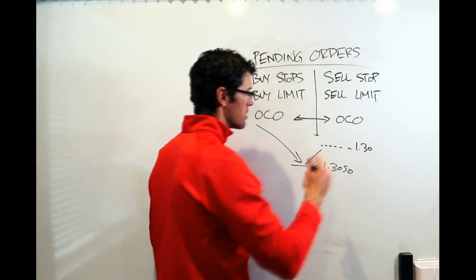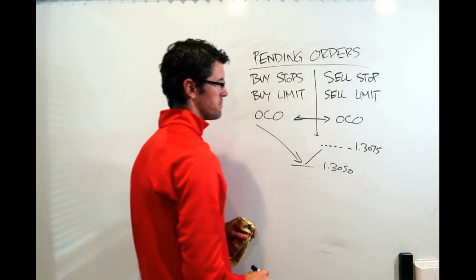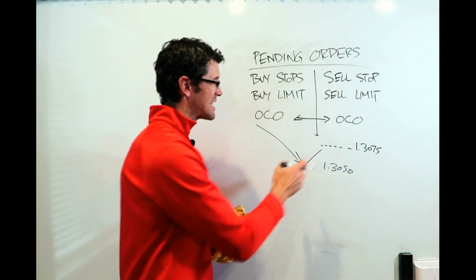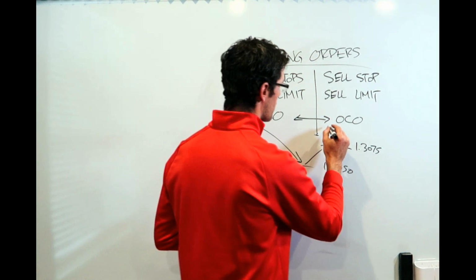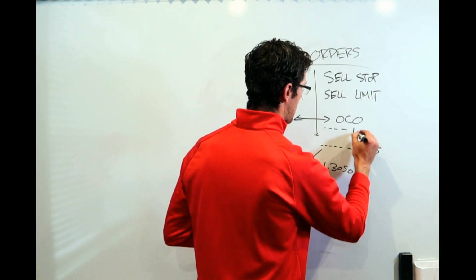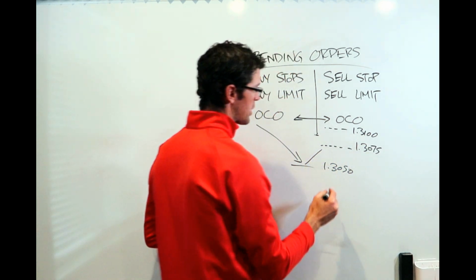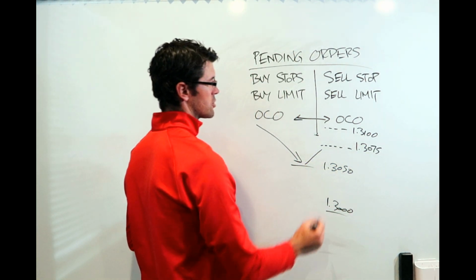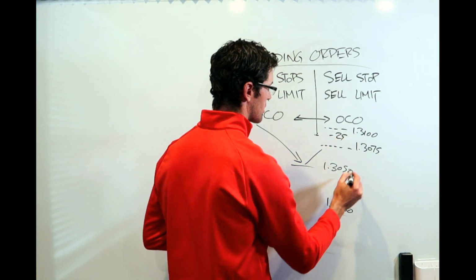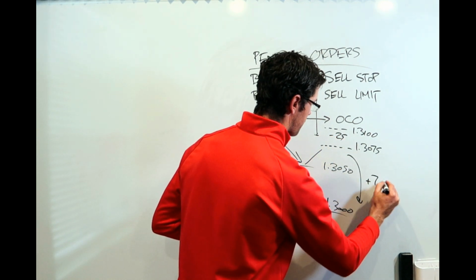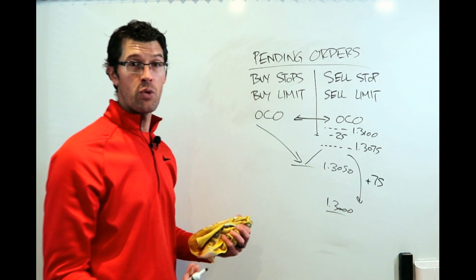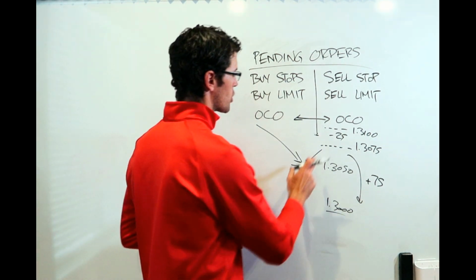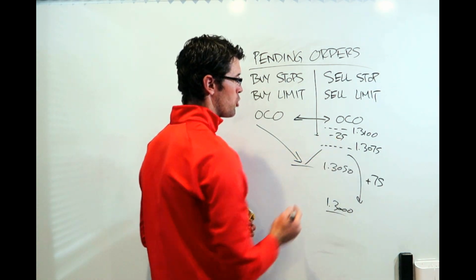It's got to be higher. And that way we can sell the retracement. We can sell the pullback. We can put our stop area at 3100. And we can put our take profit at 1.3000. So we have a 25 pip risk for a 75 pip reward, 3-to-1 surplus. Looks pretty good, right? 3-to-1 reward to risk. So we're going to sell the pullback.